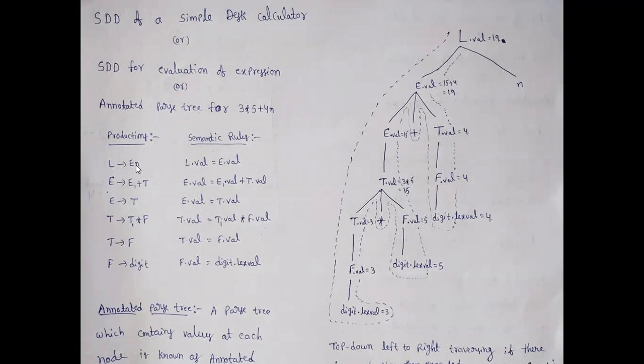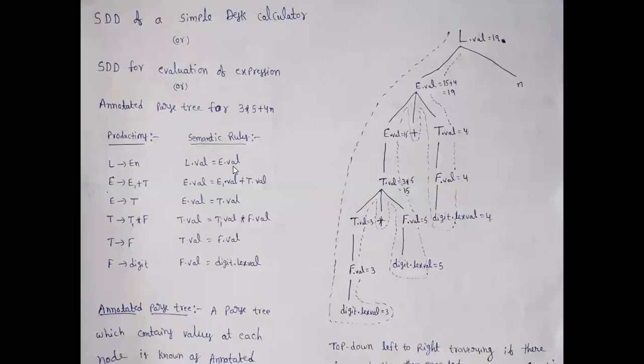Here n means we have a new line symbol. So slash n, this n represents the new line symbol; slash n and plain n have the same meaning here. So L.val is equal to E.value. So we are taking this rule, where L is the production with E n.